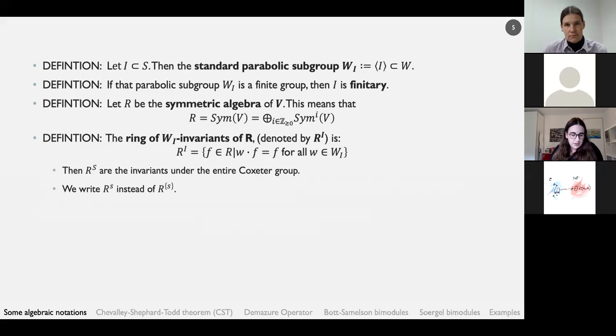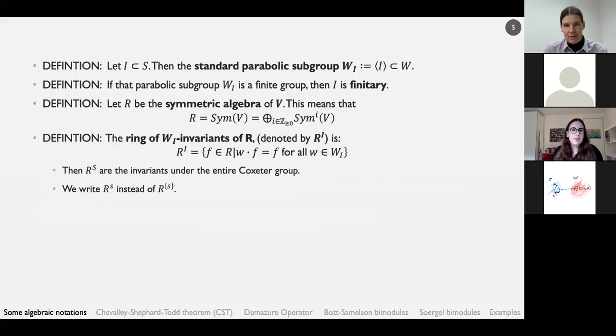Let R be the symmetric algebra of V, which is equal to the direct sum over i of the symmetric powers. Knowing that, we can find the ring of W_I invariants of R, which we denote by R^I.